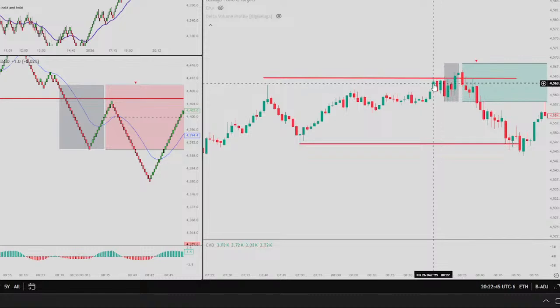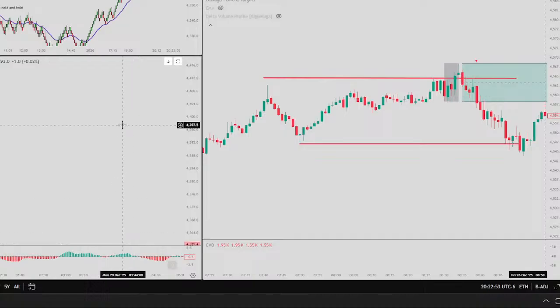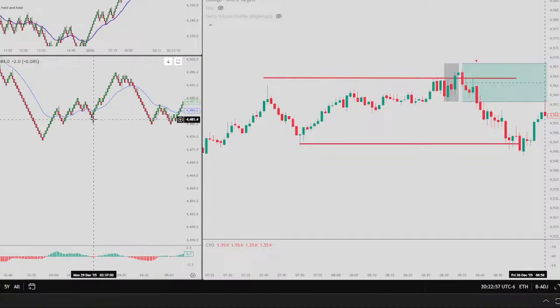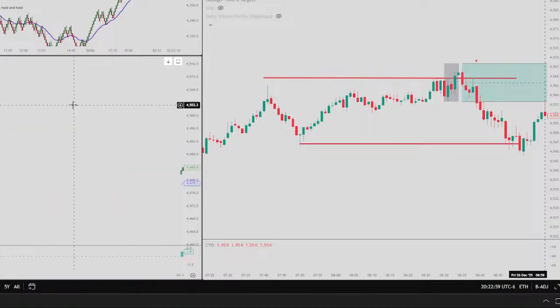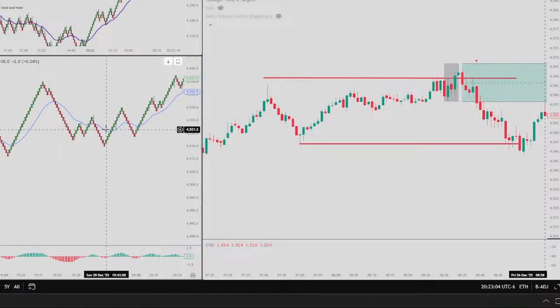They're just side by side. They're not going anywhere. So I don't know what this would actually look like in terms of Renko, because it might be showing no movement.